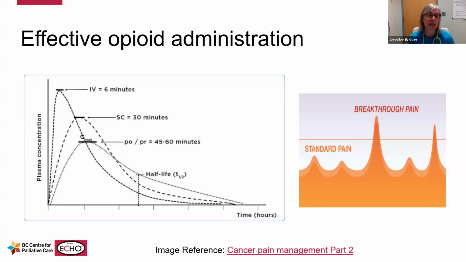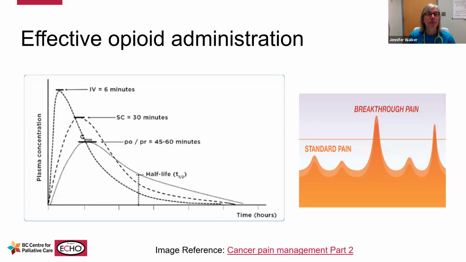On the left-hand side, you see that with IV administration of opioids, it's very rapid. Within 6 minutes, we've achieved peak concentration and the resident gets very rapid pain benefit, but then a quick drop off.